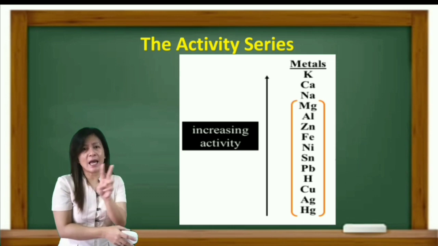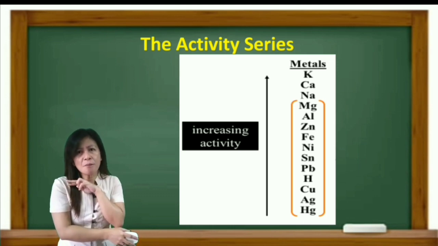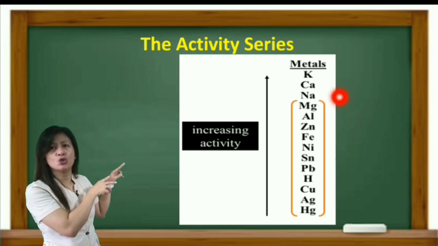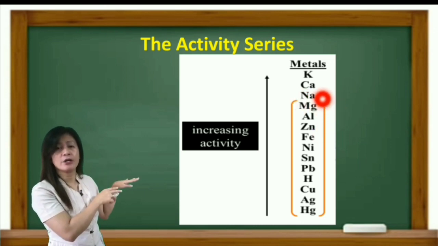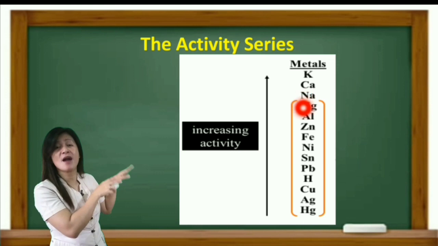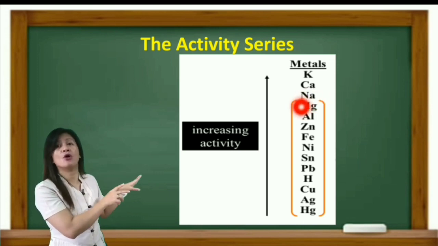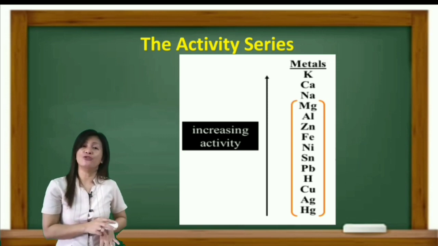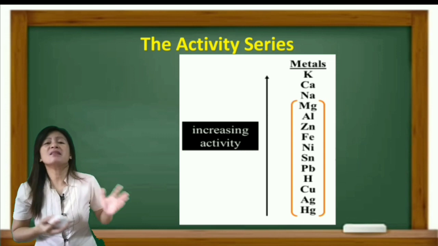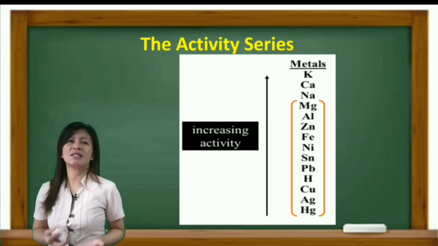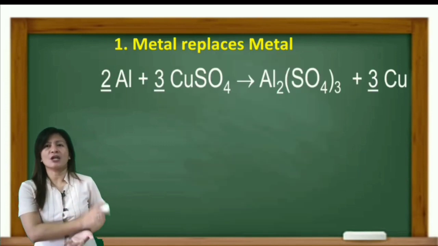Okay? So again, let's have two examples. Let's combine magnesium and zinc. Magnesium is higher in position, therefore more active, therefore capable of replacing zinc in a compound. So that's how we use the activity series of metals when analyzing or predicting products in single replacement reactions.